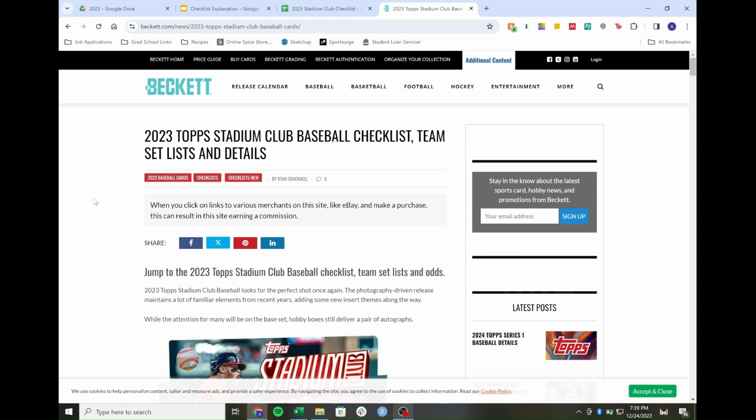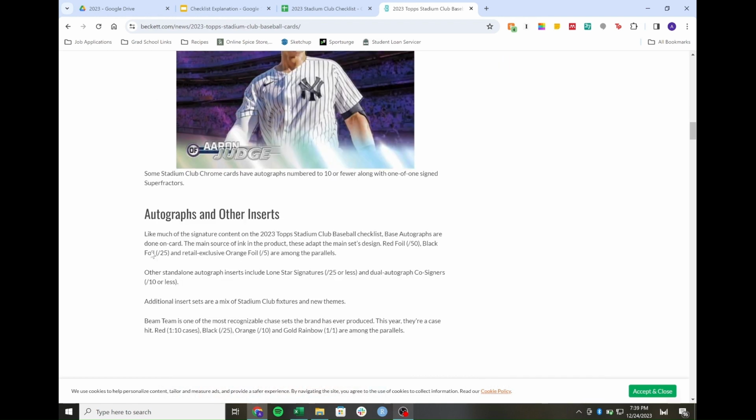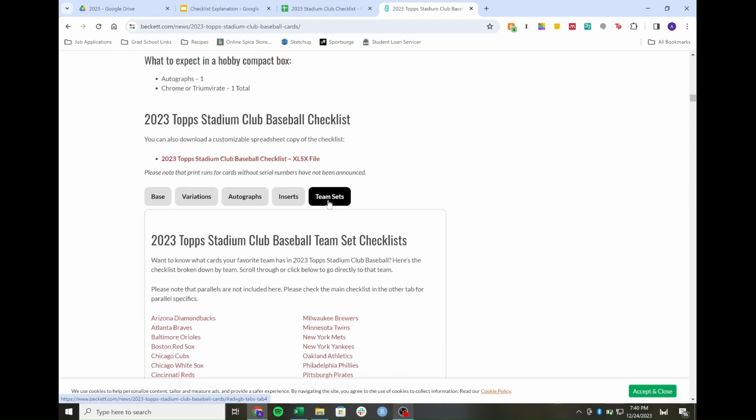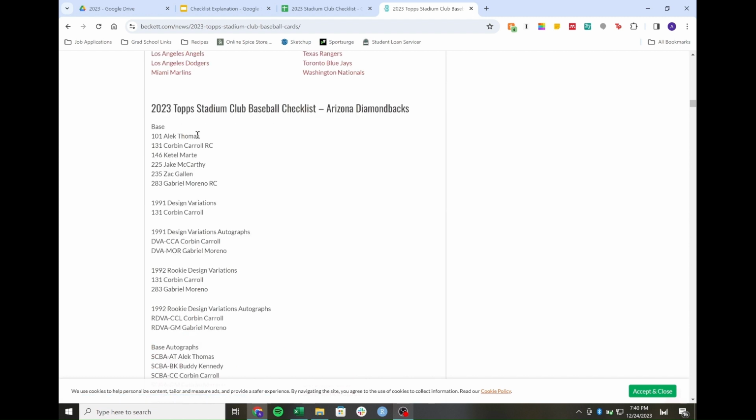I like to use Beckett for looking up these checklists because Beckett at the bottom of their checklist page separates everything out into base, variations, autographs, inserts, and then at the very end they have team sets, which is extremely useful. So basically they separate all the different types of cards out by team, and so you can then use this to help you determine the overall value of what the cards are worth.